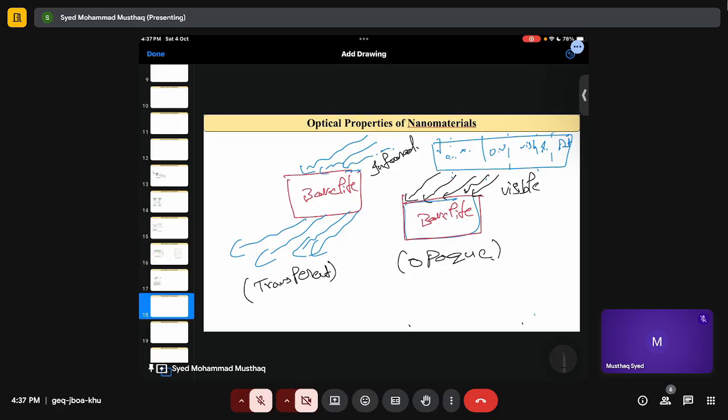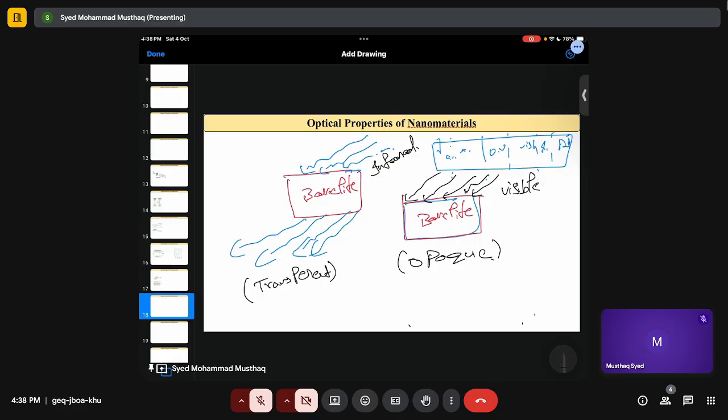Now, colors. How do materials appear in different colors? Again, that is one question, right? Whenever you see a green color, why do you see green on leaves? We all know that there is chlorophyll, and chlorophyll takes this radiation.